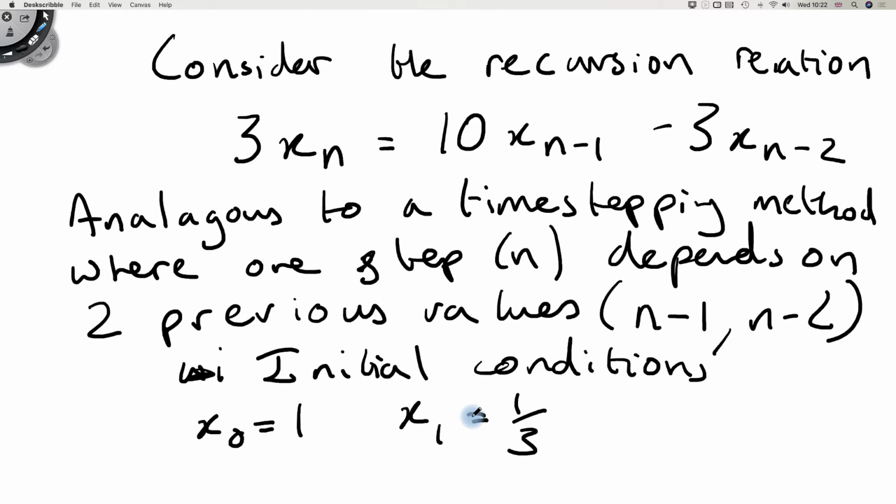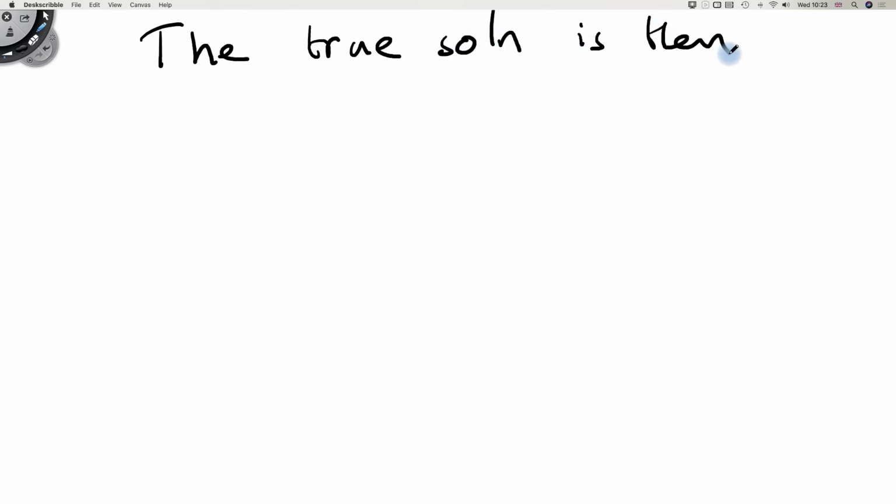Okay, so with those two initial conditions, the true solution is then xn is 3 to the power minus n. I haven't derived this analytically.